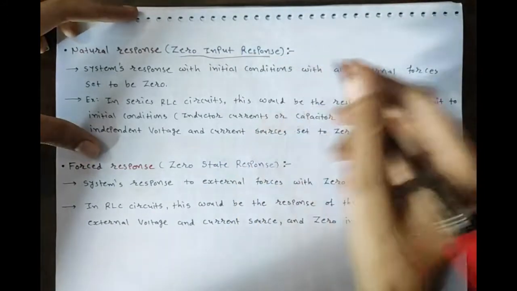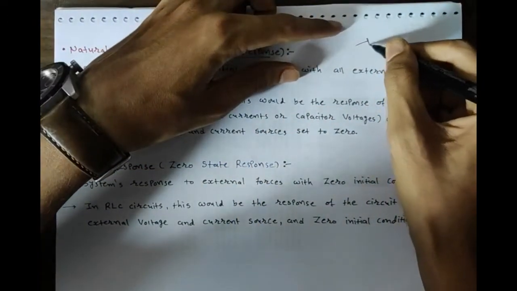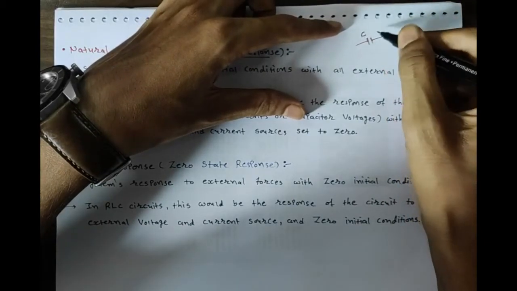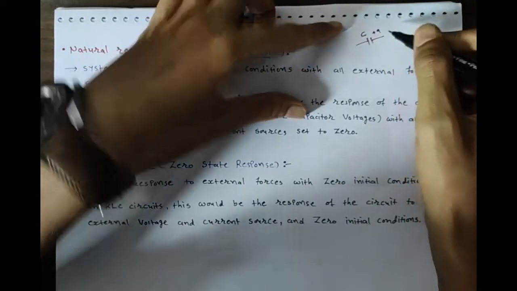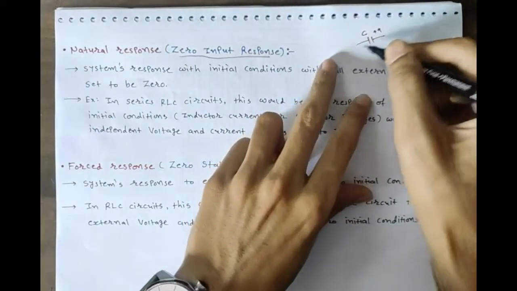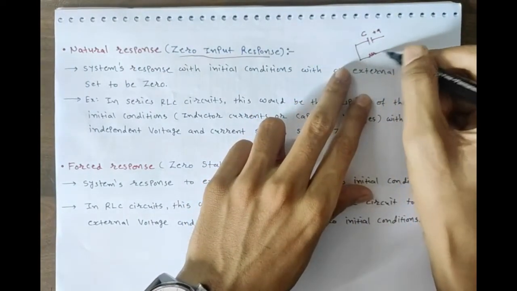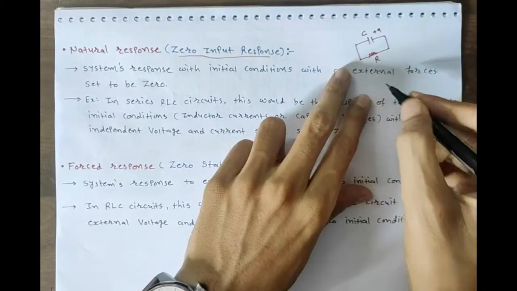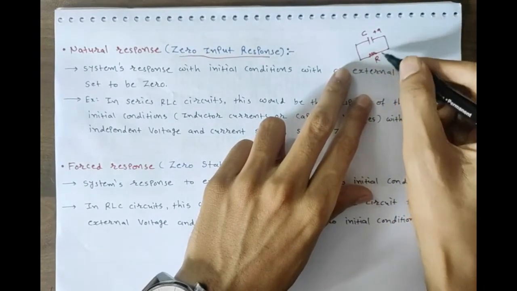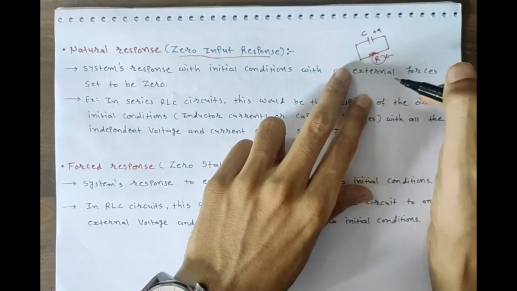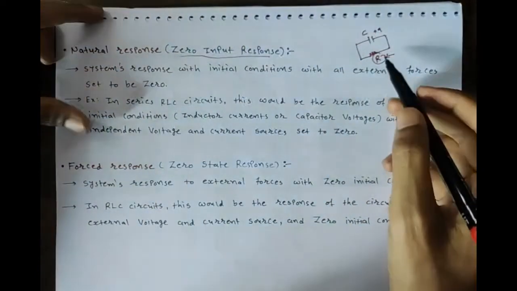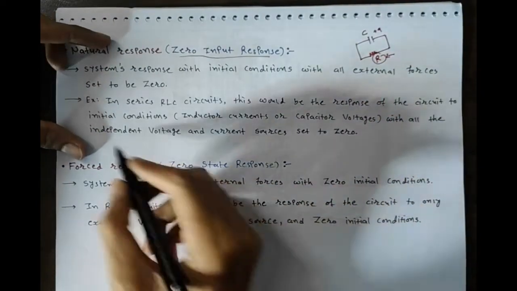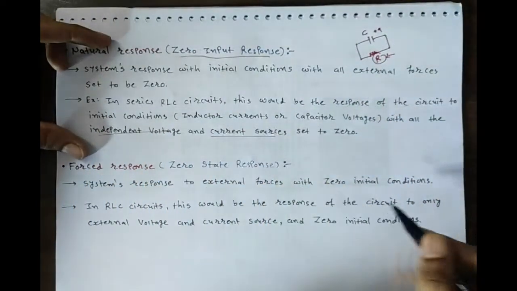Let's say for an example we are having a capacitance which is having some charge in it. Okay, let's say capacitance C and having some charge, that is Q, and it is connected with some resistance, let's say it is R. So whenever we connect this circuit, this charge will be dissipated through this resistance. Okay, so this circuit has no independent voltage and current sources.